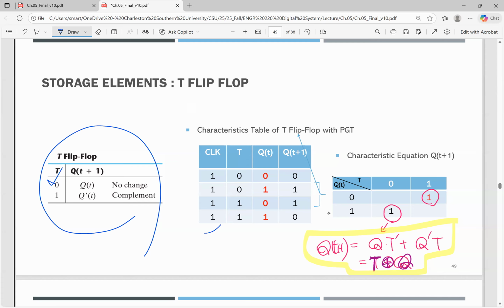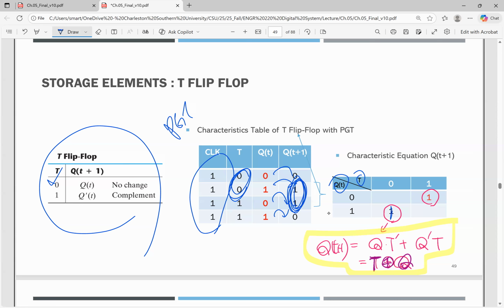Okay, so clock is 1, that was like the PGT case. So T and Q of T, 0, 0, 0, 1, 1, 0, 1, 1. It depends on the T value, no change, 0. Q prime of T is like the complement, 0, 1, 1, 0, 0, 0, no change. Okay, so and then this is the two types, T and Q.